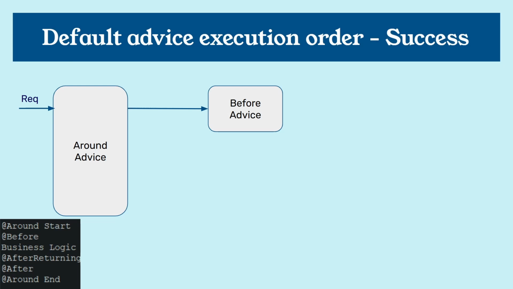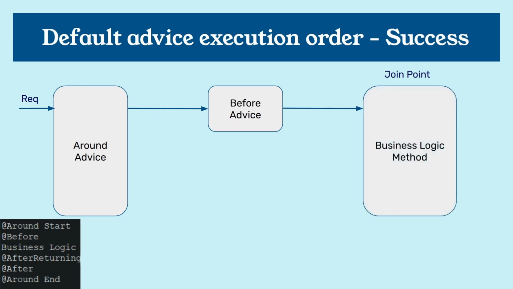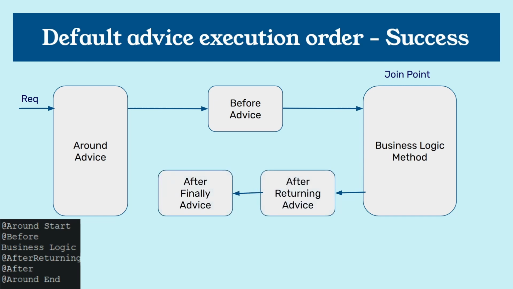So the before advice is called and executed. Then the actual business logic is executed. And once the business logic method has successfully returned, it goes to the after returning advice. The after returning advice is executed, then a finally advice is called, then the around advice is continued. And once the around advice completes, the response is sent to the caller.